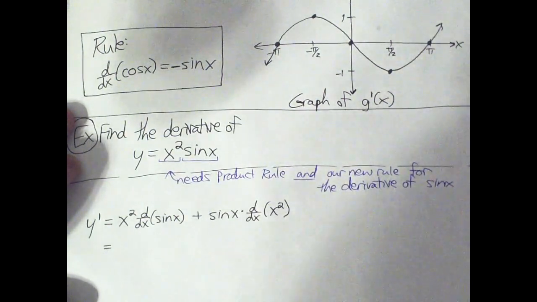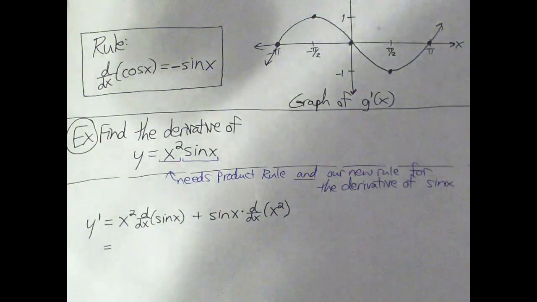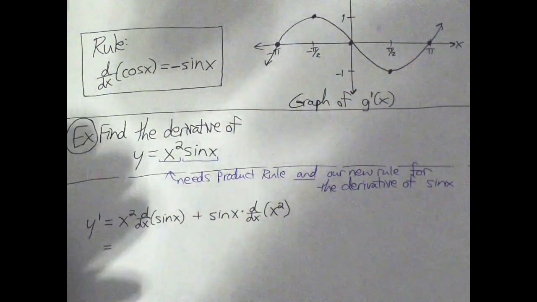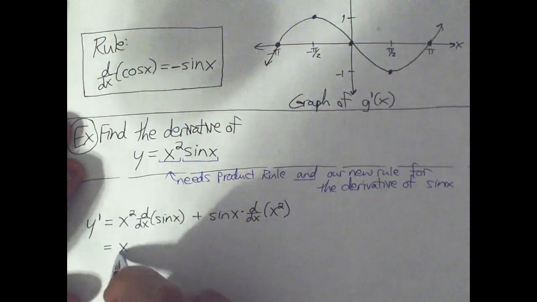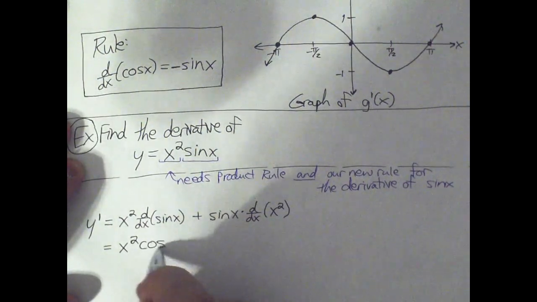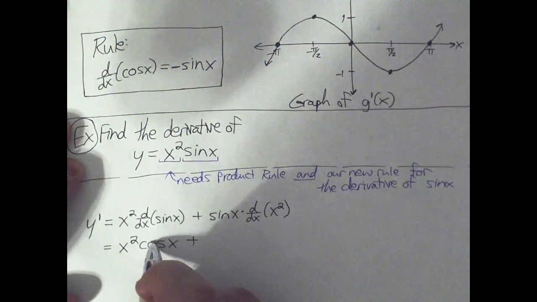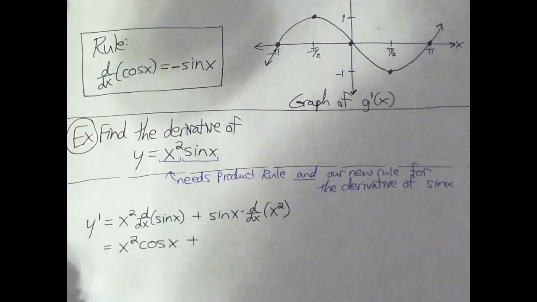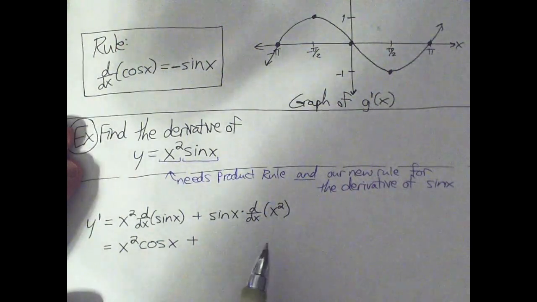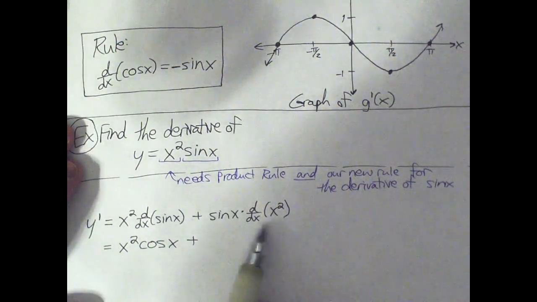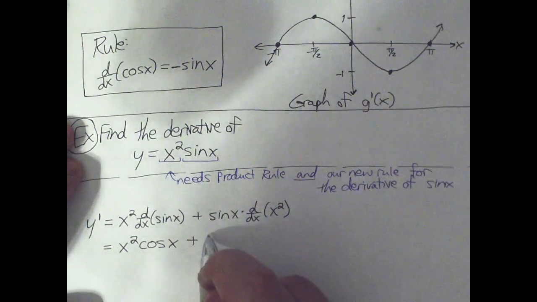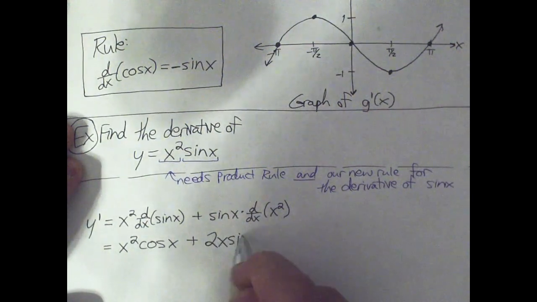Next, we need to evaluate these little derivatives. So this is going to be x squared cosine x. From what we said today, derivative of sine is cosine. This stuff over here is going to be 2x, right? Sine x times 2x, and it's going to look neater if we put the 2x out front.